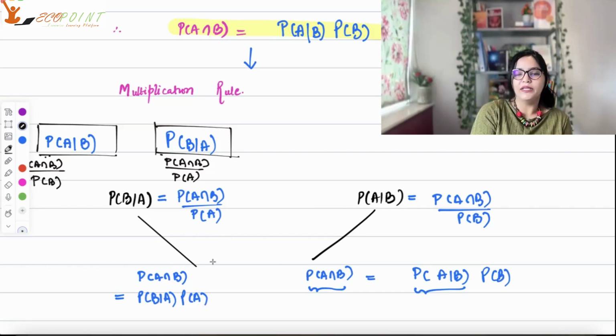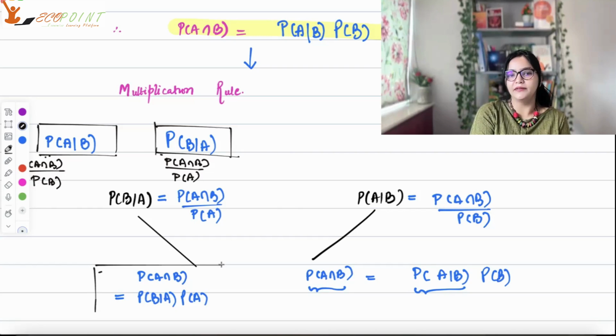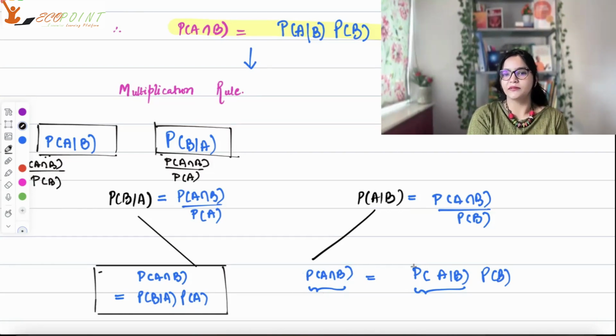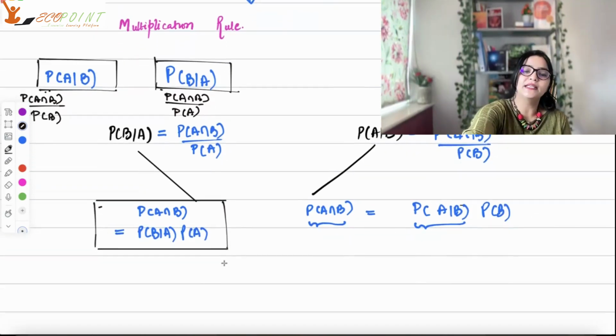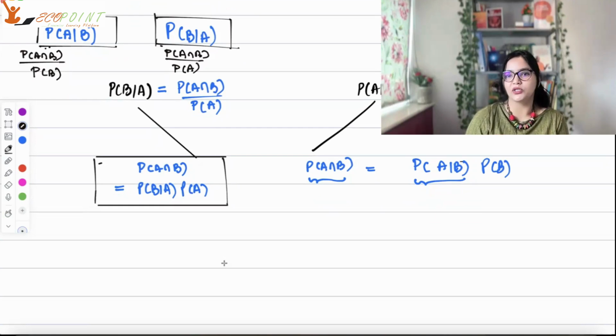From this conditional probability, the probability of A intersection B is the probability of B condition to A into the probability of A. And from this one, it is the probability of A condition to B into the probability of B. So Bayes' theorem makes use of this multiplication rule.